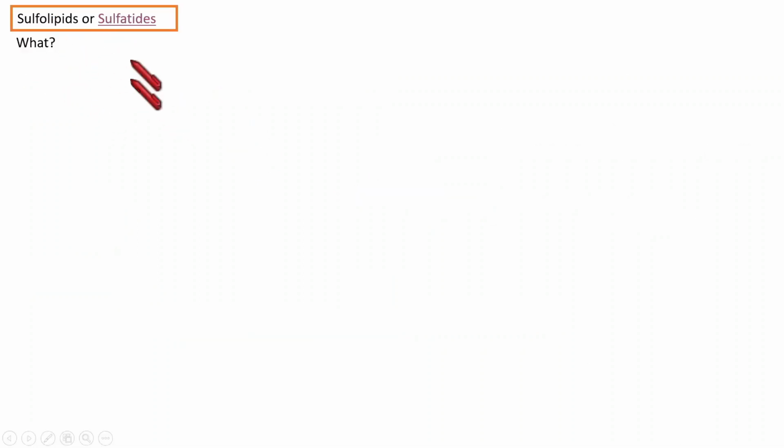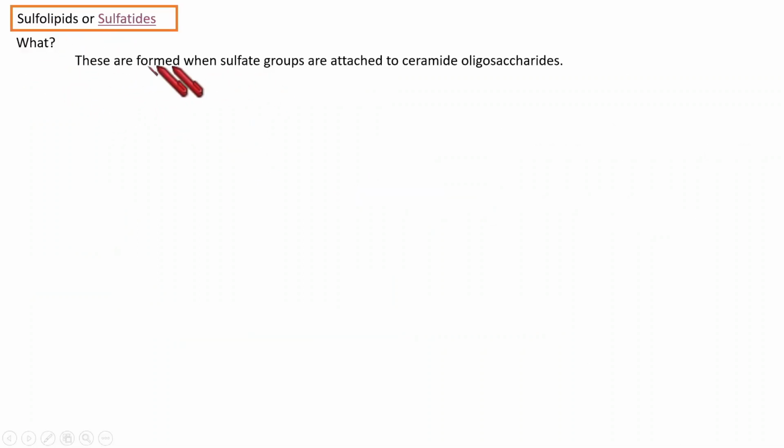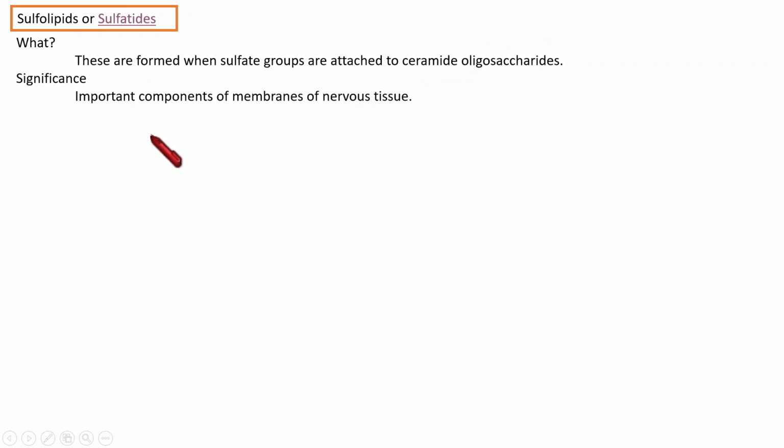So what are these sulfatides or sulfolipids? They are formed when sulfate groups are attached to ceramide oligosaccharides. Ceramide plus oligosaccharides will form globosides. Okay. Along with that, if a sulfate group is there, then it will form sulfolipids. What is the significance? It is an important component of, again, nervous tissue.